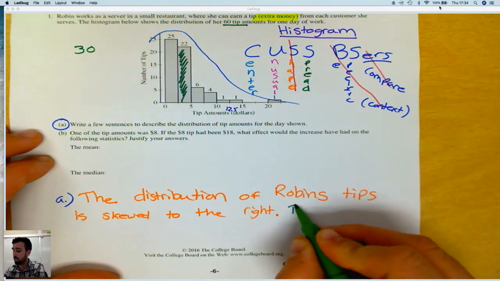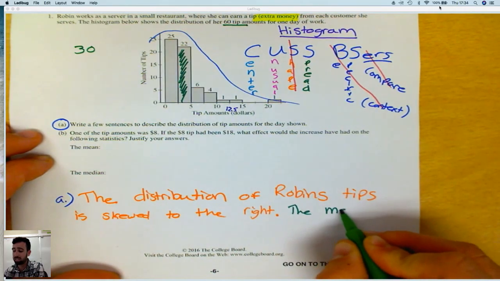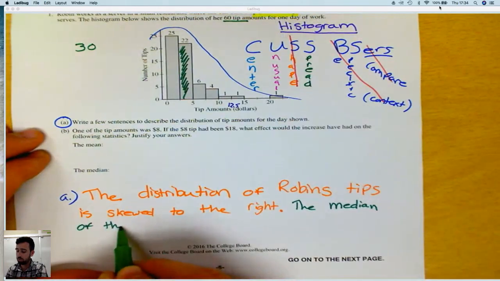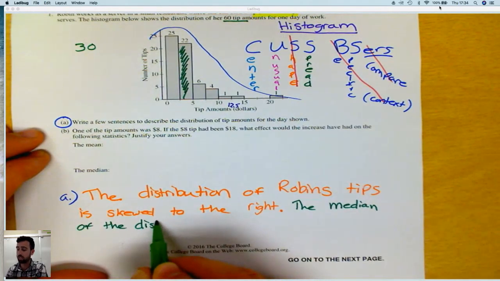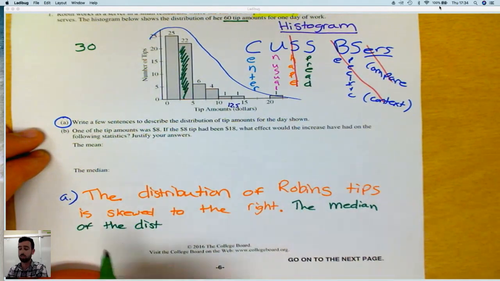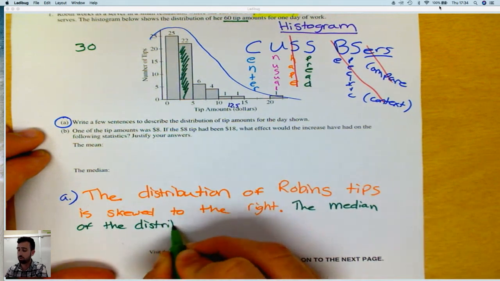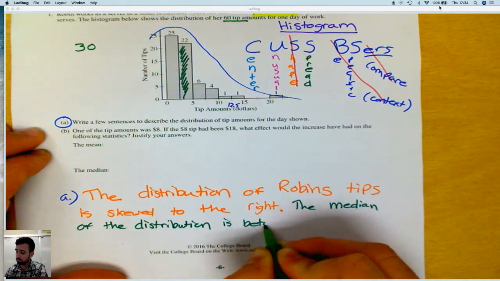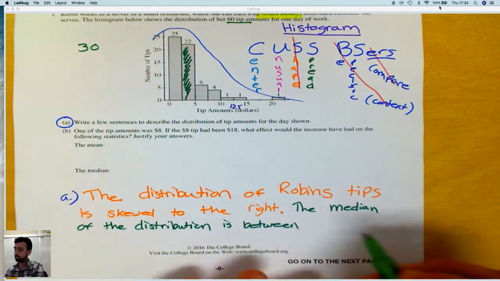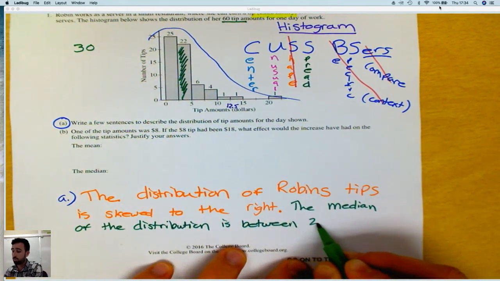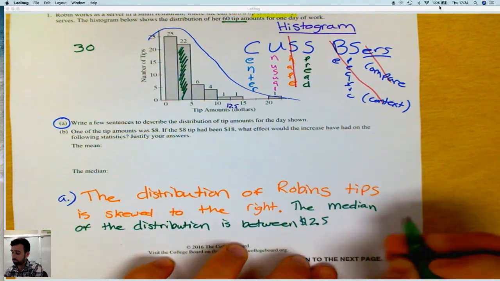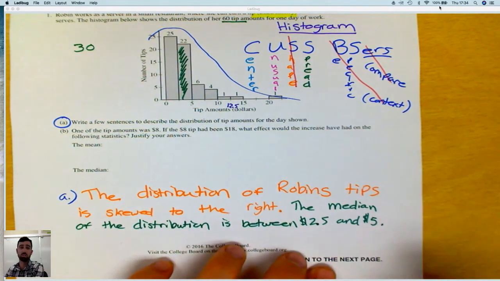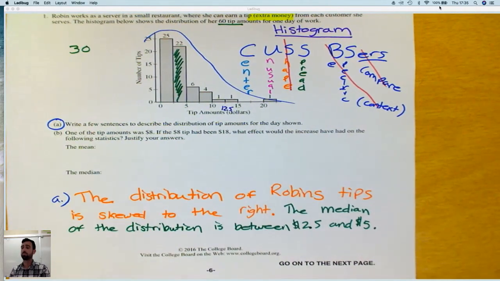I can't tell you the exact one, but I can say the median of the distribution is between 2.5 and $5. Again, ask me any questions if any of this doesn't make sense.